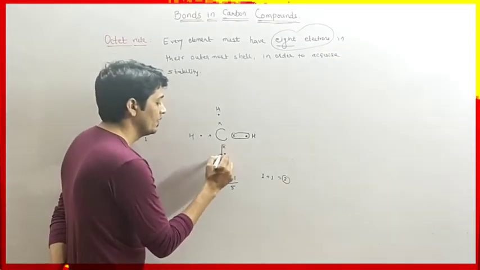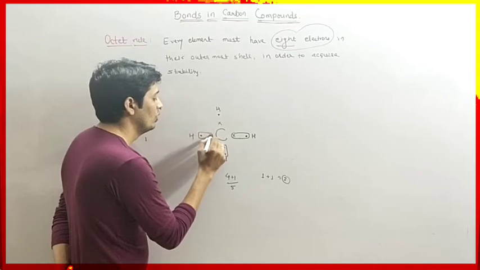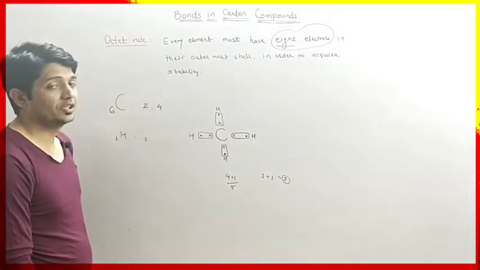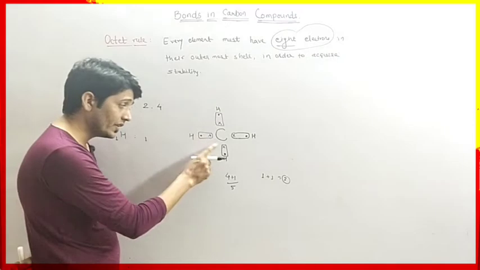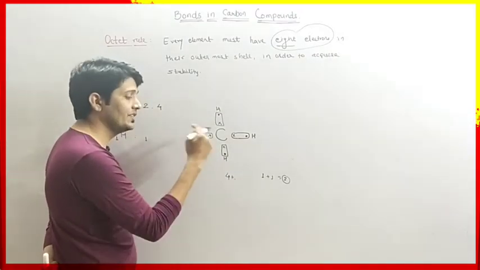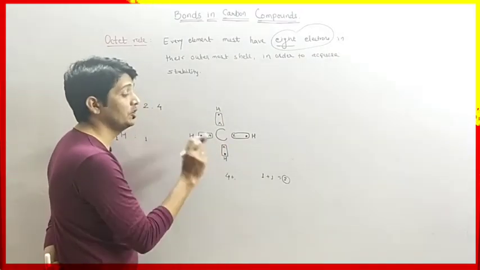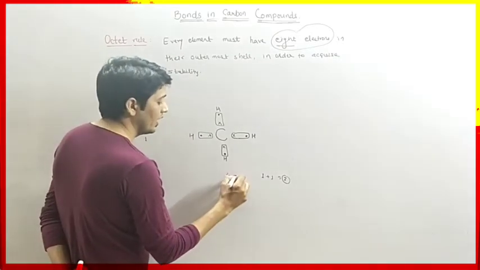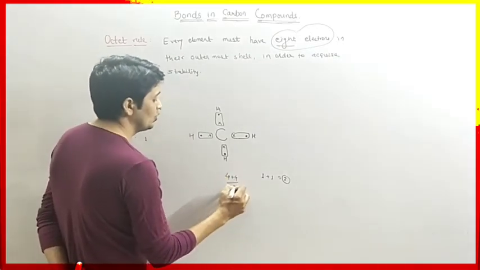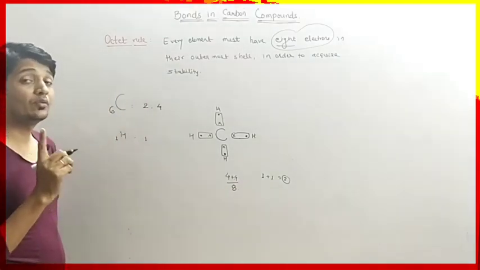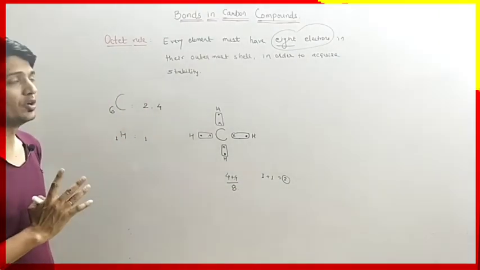So here 4 bonds are formed with hydrogen atoms. Carbon has its own 4 electrons and it shares 4 other electrons with 4 hydrogen atoms. So own 4 electrons and 4 of hydrogen, so a total of 8 electrons is present when carbon forms 4 different bonds.